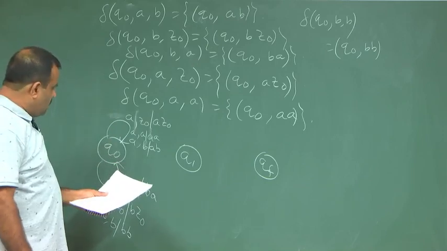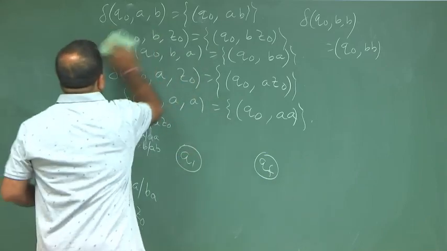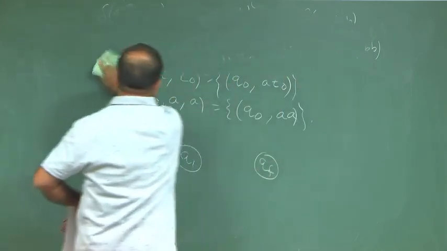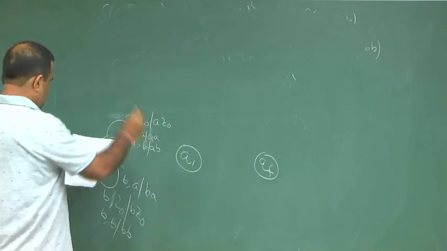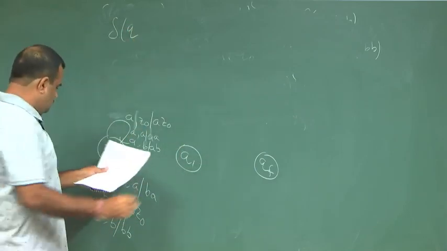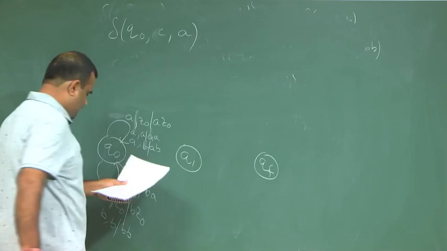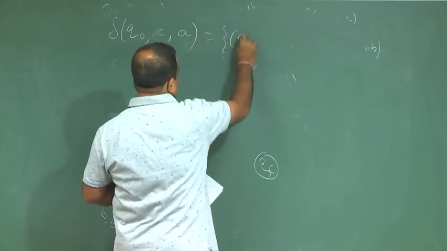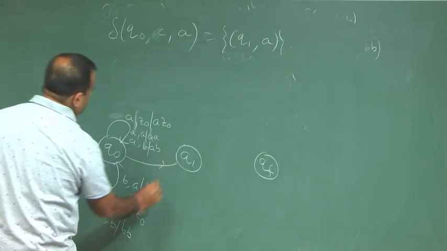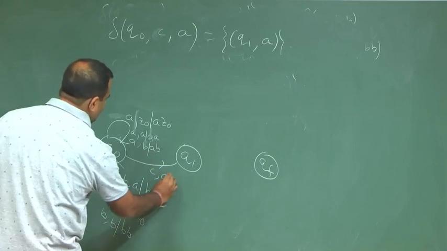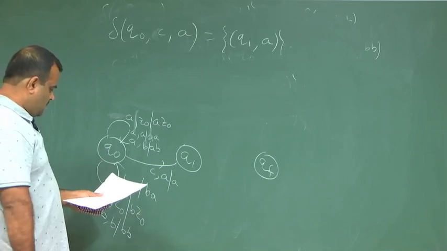Okay. So now with Q1, with C we are going to Q1. So let me write the rules for C. Let me erase this. These are the rules from Q0 with A B. Now let me write the rules for Q0 with C. So Q0 C A is going to Q1 A. That means if you have input C and the stack is A, then the stack will remain at A. Okay.